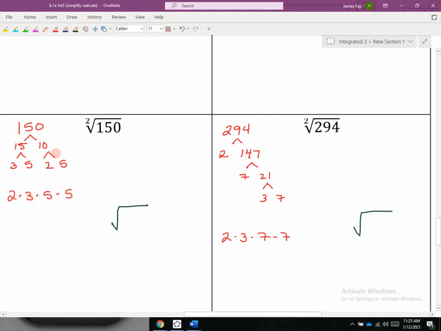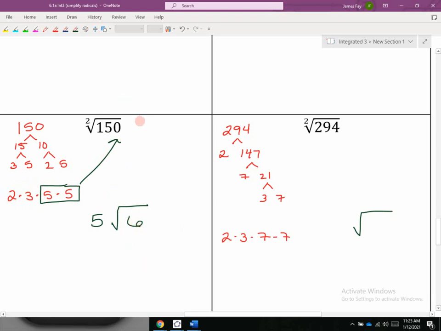Again, if you're uncertain about your factor tree, just take 2 times 3 times 5 times 5 and see if it gives you that 150. Okay. So I got a pair of 5s. So ultimately, that's a 25, and the square root of 25 can come out. And then 2 times 3, they don't have partners, so they go underneath. Does that kind of make sense?